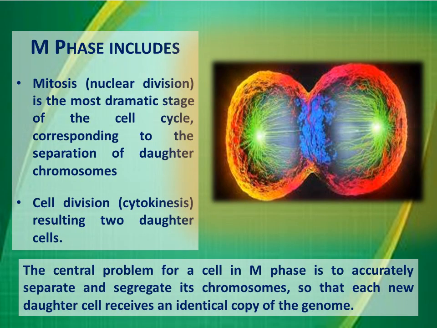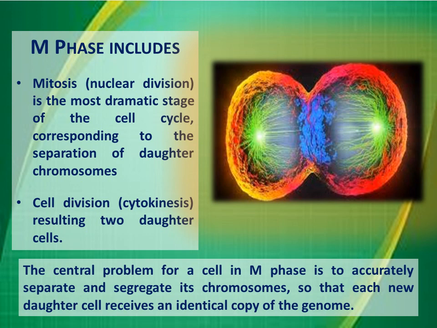Following the completion of S phase and transition through G2, the cell undergoes the dramatic upheaval of M phase. M phase of the cell cycle consists of nuclear division, that is mitosis, followed by cytoplasmic division, that is cytokinesis.